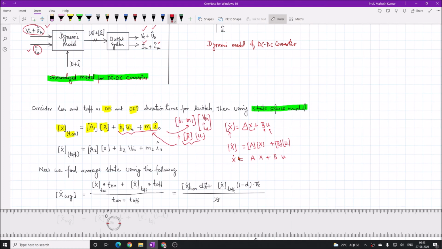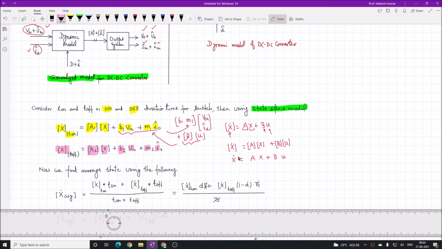And A1 is the system matrix, x are the state variables. So this equation is for the on time of the switch. For the off time, we can express it as follows: x dot during the off time is A2 into x plus B2 into B in plus M2 into I0.